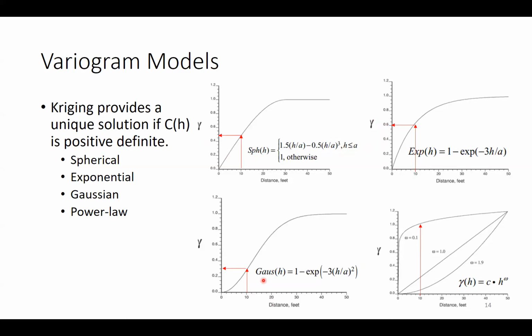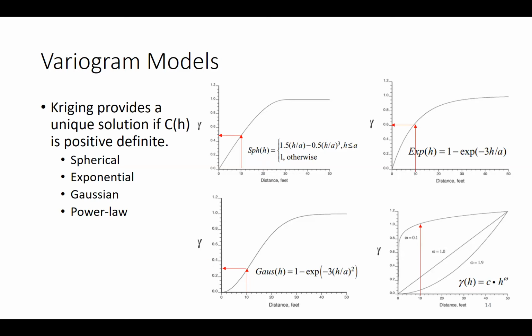In the Gaussian model, it's around 0.3. That's the difference between the variograms that we have in our environment. If we have more continuity in our environment, the slope of this line is lower, so that at longer distances they are still correlated.